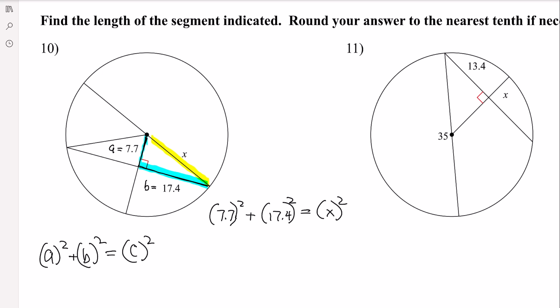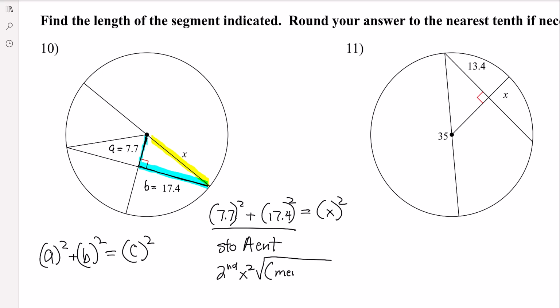17.4 parentheses squared equals. Now in your calculator, once you do this and you hit enter, if you hit the STO button, so I'm going to do that now, and it gives you all those letters, your cursor is on A, hit enter again. Okay, now just hit clear, and if you hit second x squared button, it'll give you this right here.